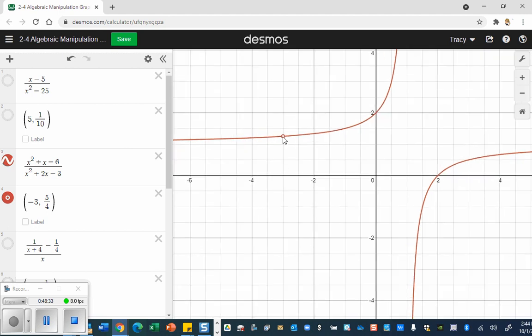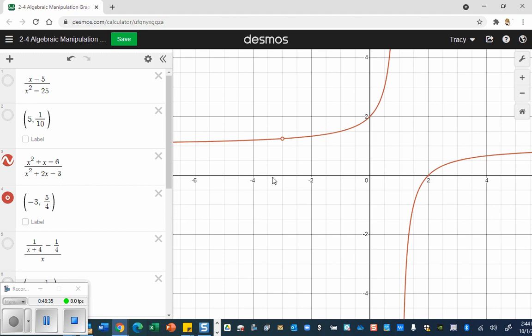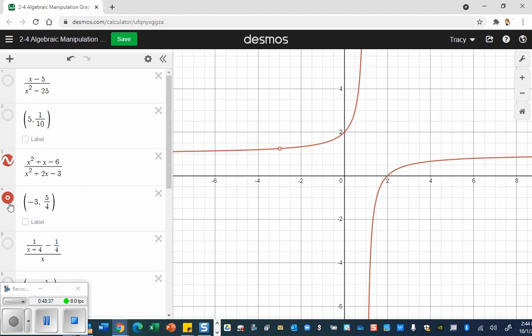There he is. So when the function exists without that factor, it's not a problem. We still have our vertical asymptote and our horizontal asymptote, but it's this point that we were able to factor out. Kind of cool, right?